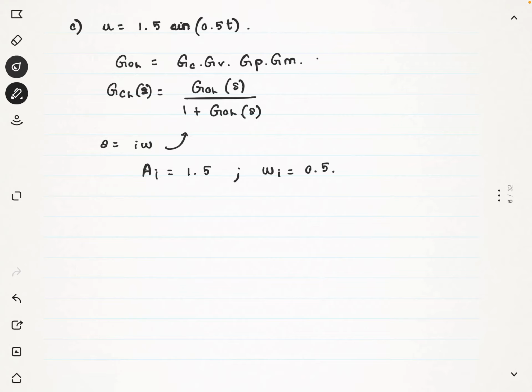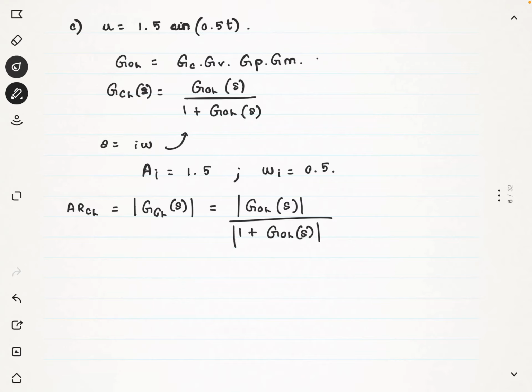So the amplitude ratio in closed loop will be equal to... So instead of plugging in the values and computing everything from scratch, we can just use a trick here. So we'll be substituting S is equal to I omega anyway.